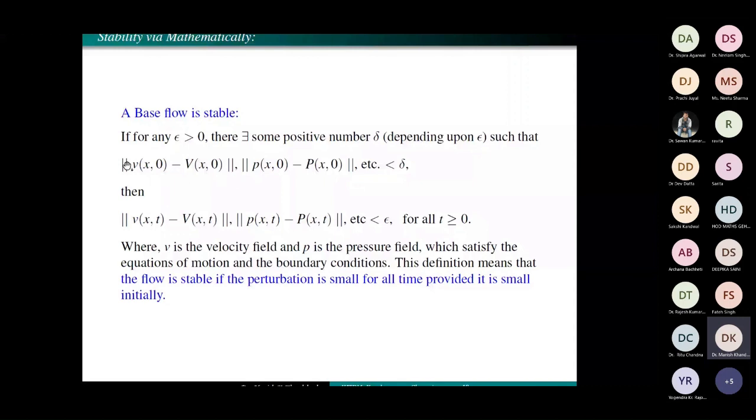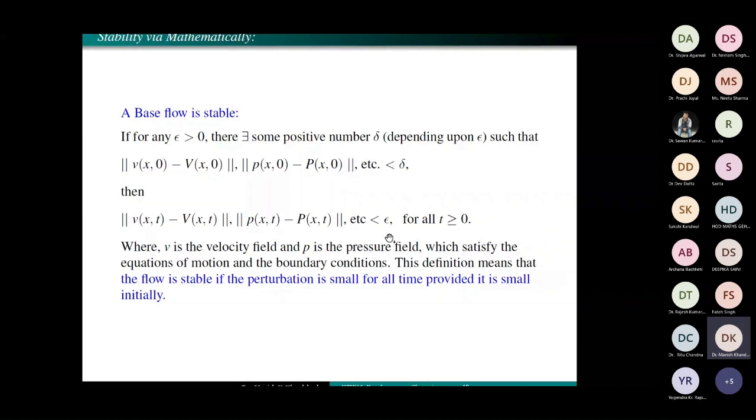At t equal to 0, it is some amount delta, a fixed positive quantity. And after some time t, where I replace 0 by t, we see that it remains again a small quantity, epsilon.